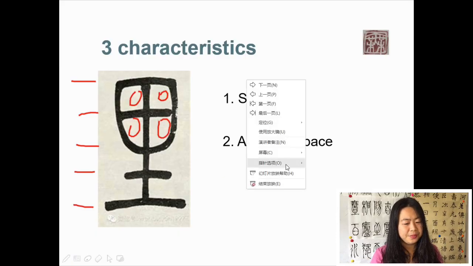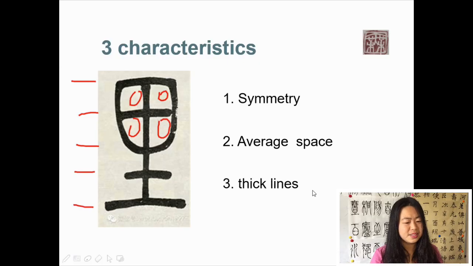Now the third one is thick lines. What are thick lines? We need to compare with other lines, then we know what thick lines are. If you compare the red lines with the black lines, you will know the red lines are thin, and the black lines are thick.